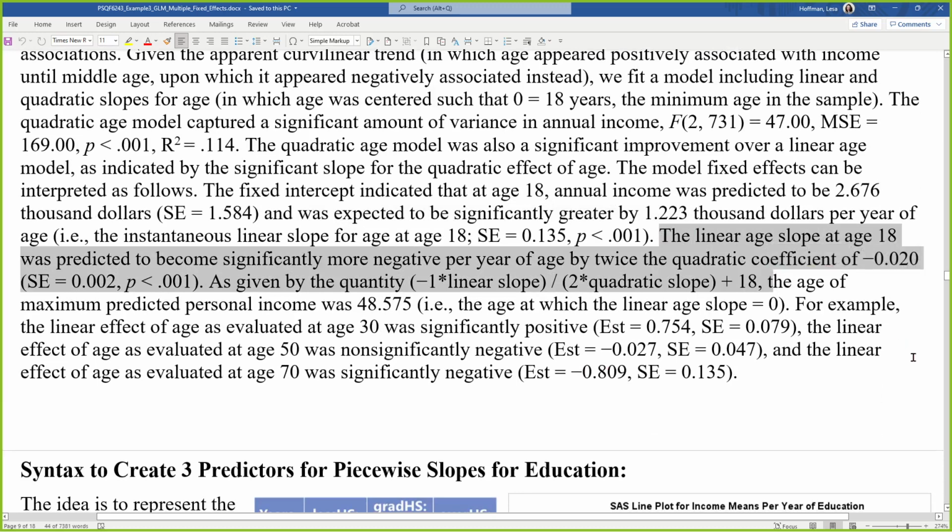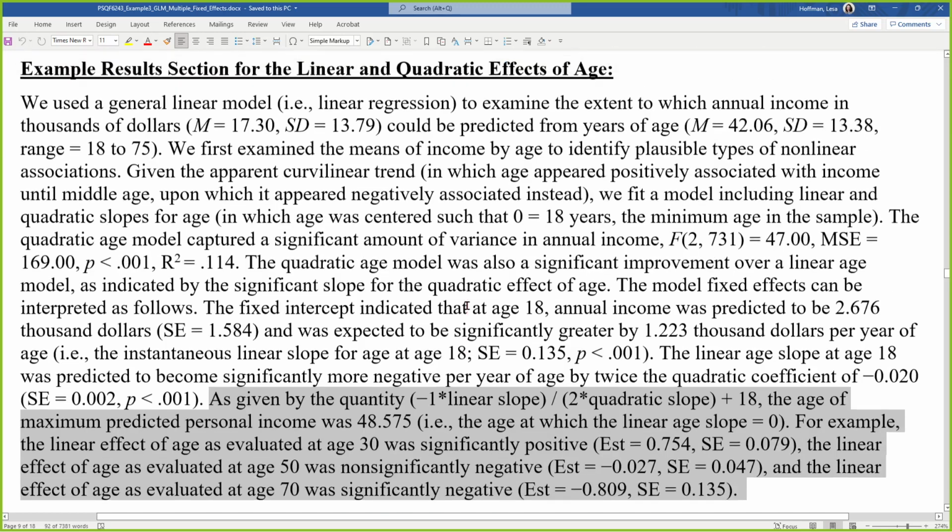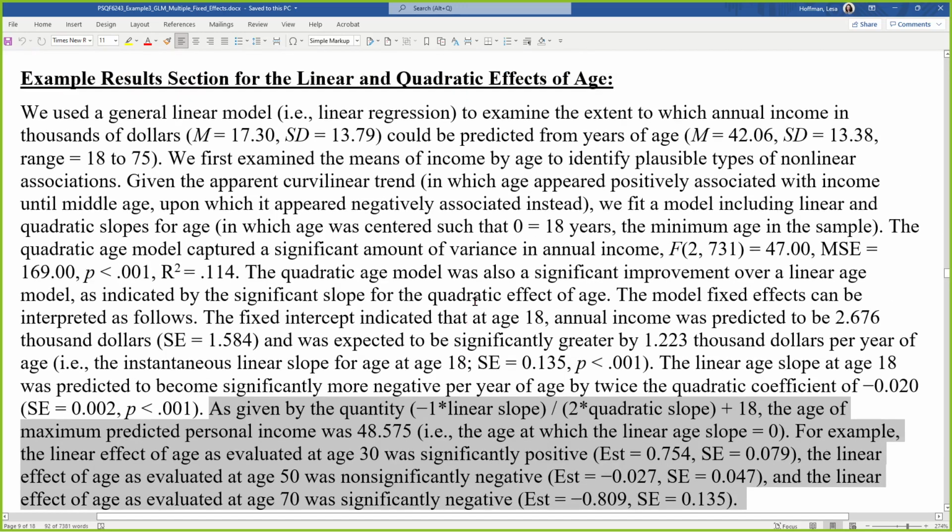The linear slope at age 18 was predicted to become significantly more negative or less positive, you can say it either way, by twice the quadratic coefficient of minus 0.02, twice. And then the rest of this is just the extra predictions that I did for context. So not so bad. Just square it, multiply the slope by 2, and that's how it changes.